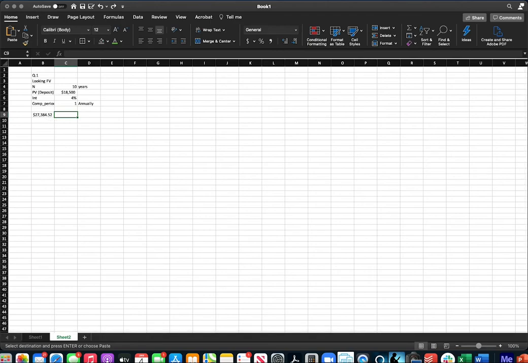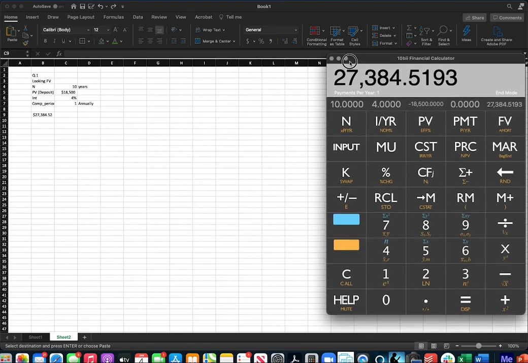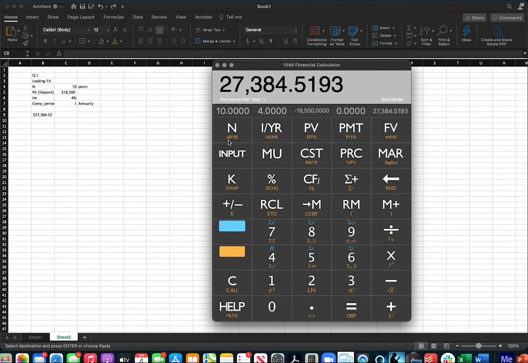So that's how you solve using the calculator. Really, it's quite simple. But what you need to make sure of is that every time you start a new calculation, you're clearing out your calculator. The first step after clearing all the stored data is making sure your payments per year or periods per year are in the correct format.